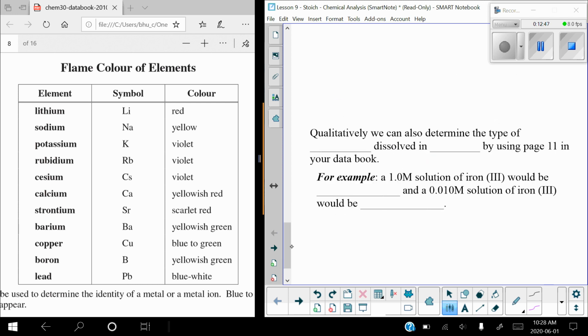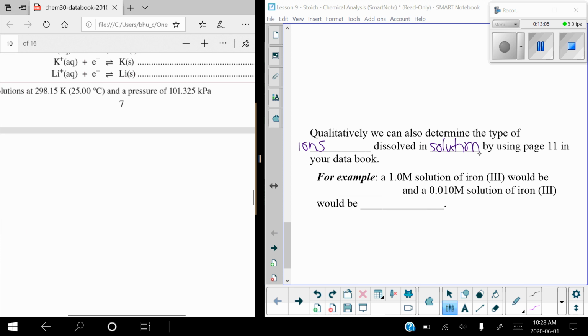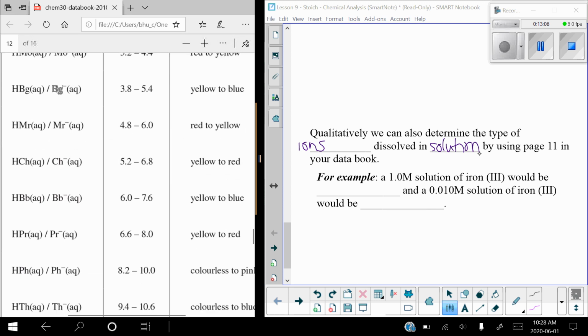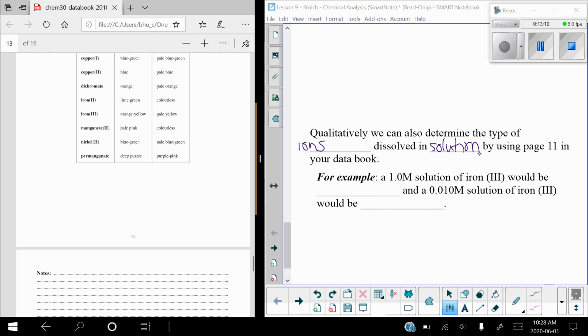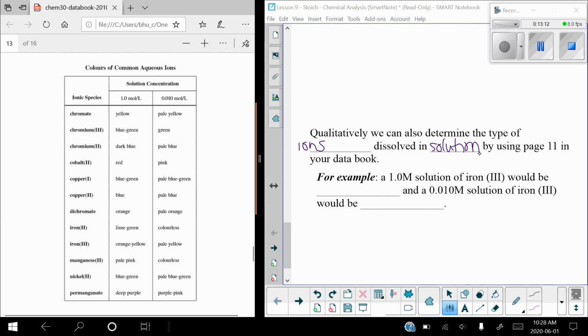Qualitatively, we can also determine the type of ionic species or ions dissolved in a solution by using page 11 in your data booklet. Right here.